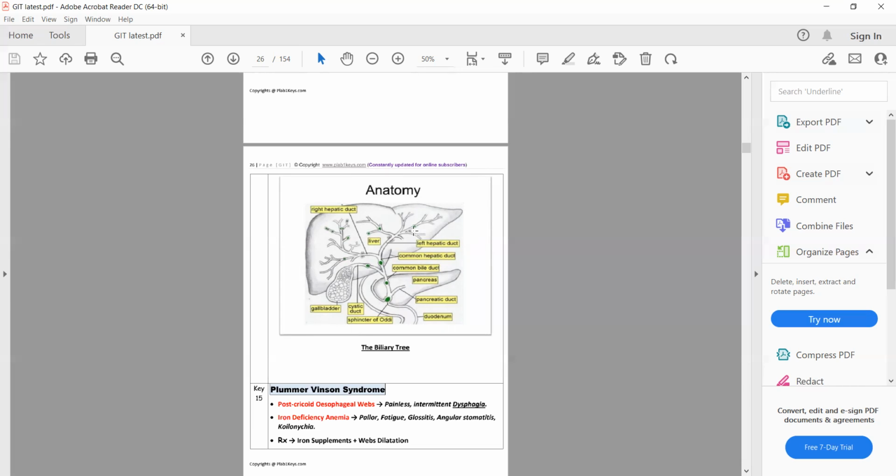They both carry bile from the liver and combine to form the common hepatic duct. The common hepatic duct combines with the cystic duct from the gallbladder to form the common bile duct. Remember that in the gallbladder bile is stored, while in the liver bile is synthesized.